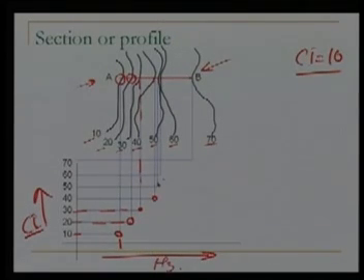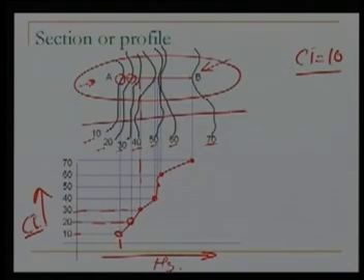So we are able to locate all these points and we join them to form the profile. By following this methodology, we can draw profiles using a contour map, and this can be drawn along any line.